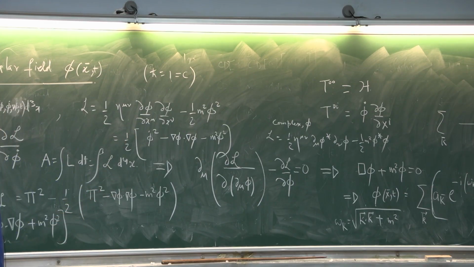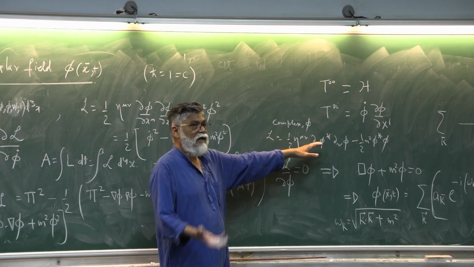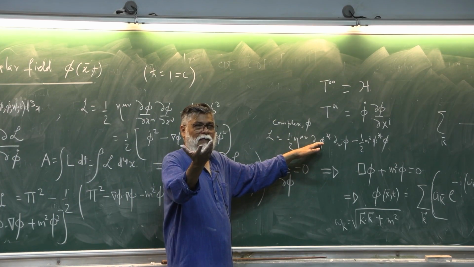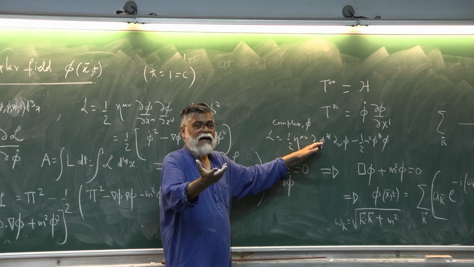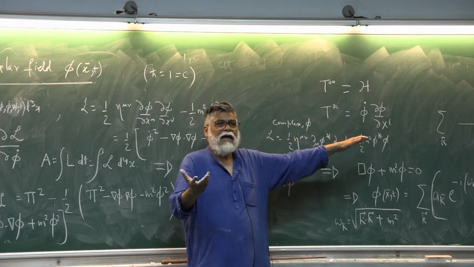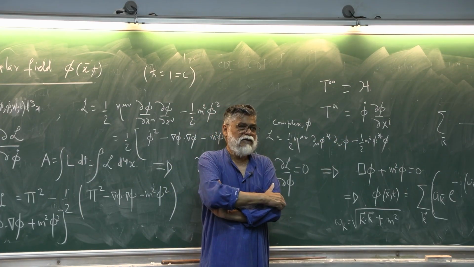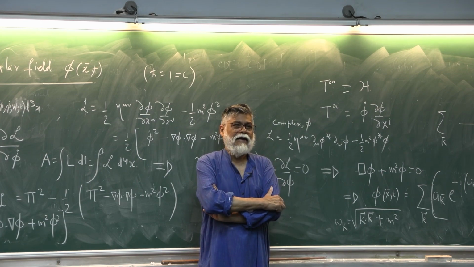So Devabrata's question is, after all, I could have taken a complex scalar field where phi is complex. So if I can use a complex phi, why can't I choose m square to be complex? But you can't choose m square to be complex, because the Lagrangian density has to be real.